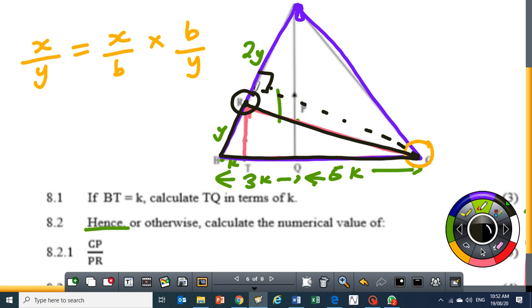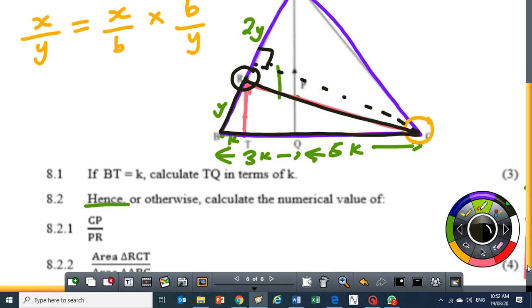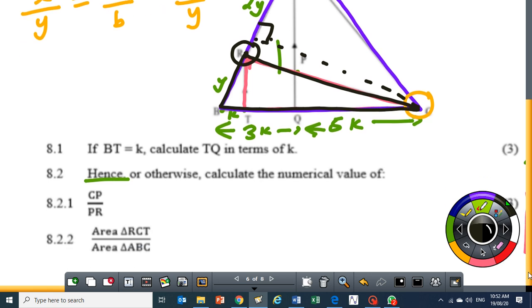Now, for these two triangles, RCT and ABC, we can't find directly this ratio. So we have to identify a third triangle such that that third triangle shares a common height with RCT, and it shares a common height with ABC.